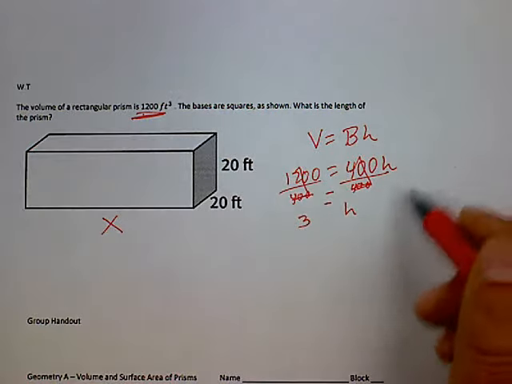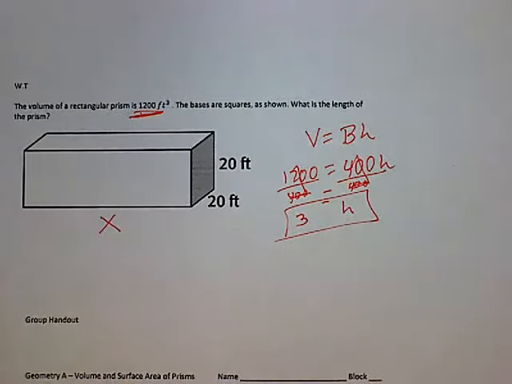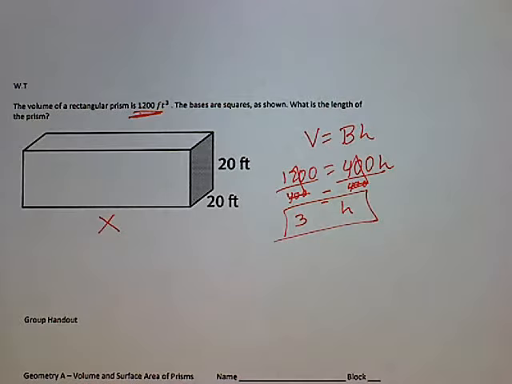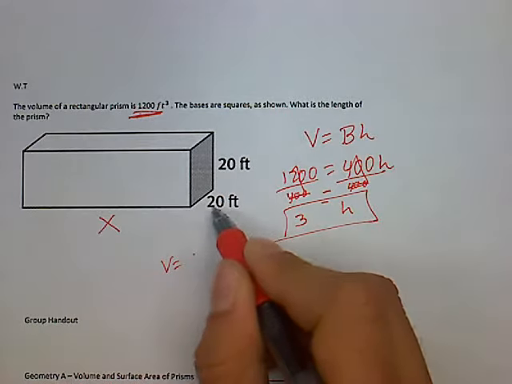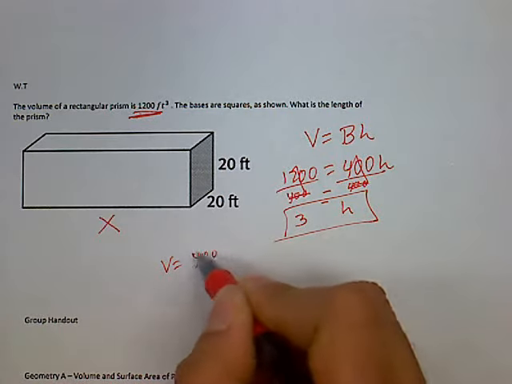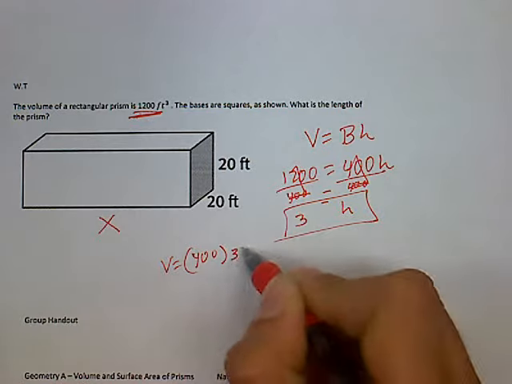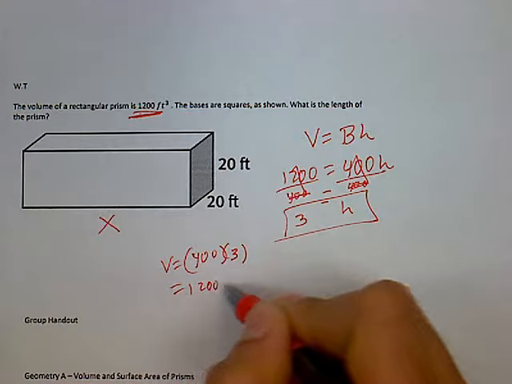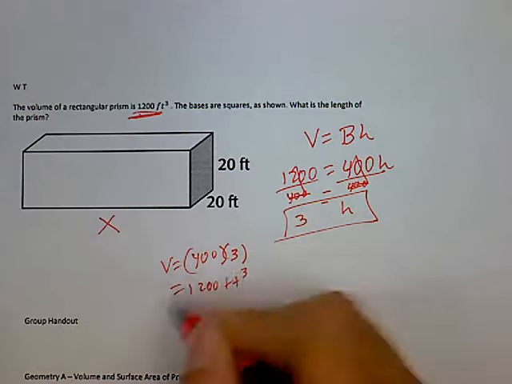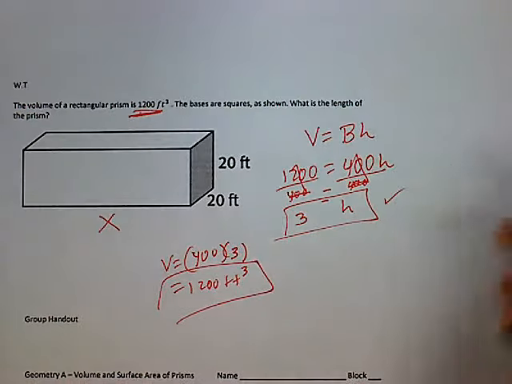Yeah, it is 3. So that is the height. The height is 3, or the length is 3. And we can double check. Volume is area of the base, which is 20 times 20, that's 400, times 3. So 400 times 3 gives you 1200 cubic feet. So that is right. That's all you have to do.